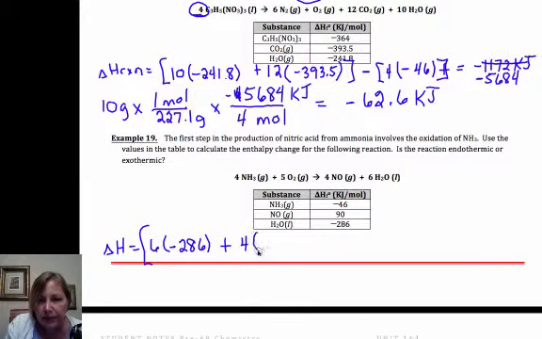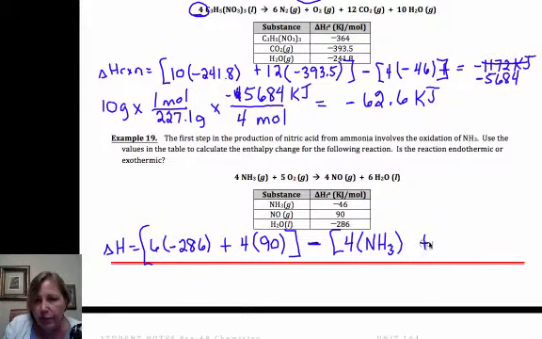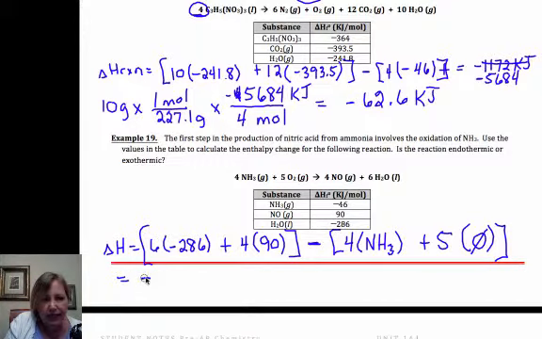Plus 4 times my nitrogen monoxide. Minus my reactants, 4 times ammonia. And just to make a point, 5 oxygens, but elements at their natural state at standard ambient temperature and pressure are 0. And what we get is equal to minus 1172 kilojoules. And that's negative, so that's exothermic.